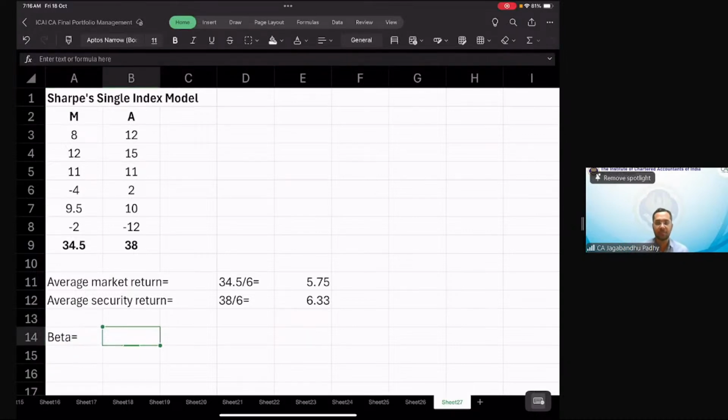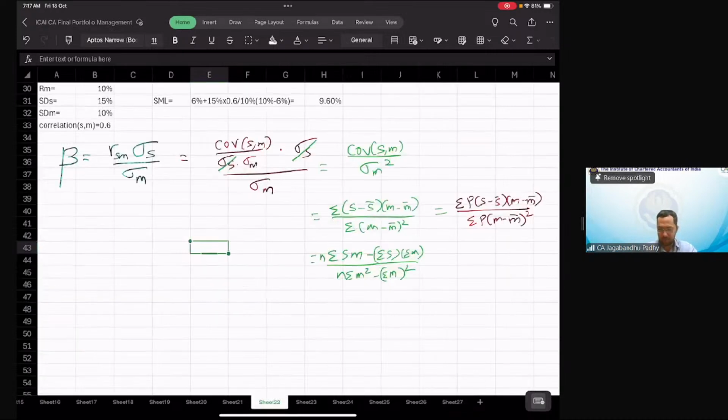We'll use the same formula which we have revised, n into summation sm minus summation s into summation m, upon n into summation m square minus summation m the whole square, which is nothing but a derived form of covariance of sm upon variance of m.